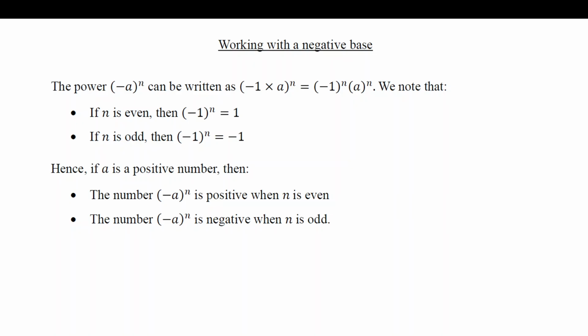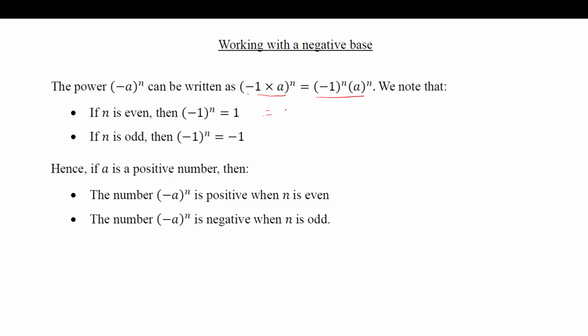So working with a negative base, the power of negative a to the power of n can be written as this, which also equals to this. So if n is even, then basically we end up with positive 1. If n is odd, then we end up with negative 1. Let's just see what that means.